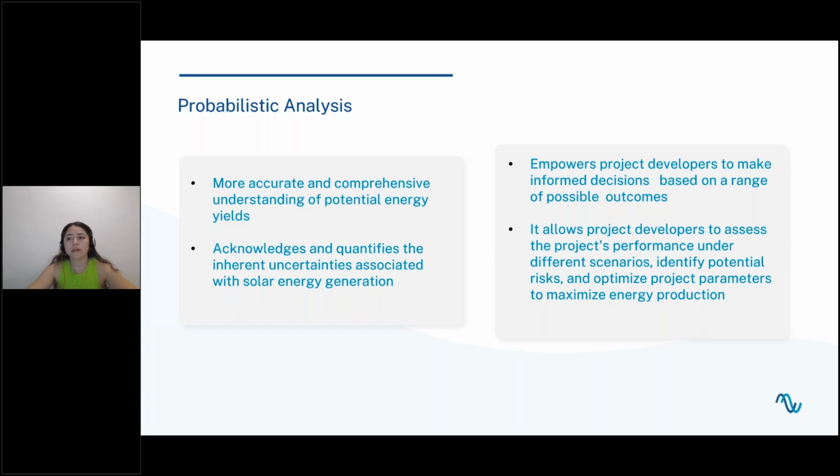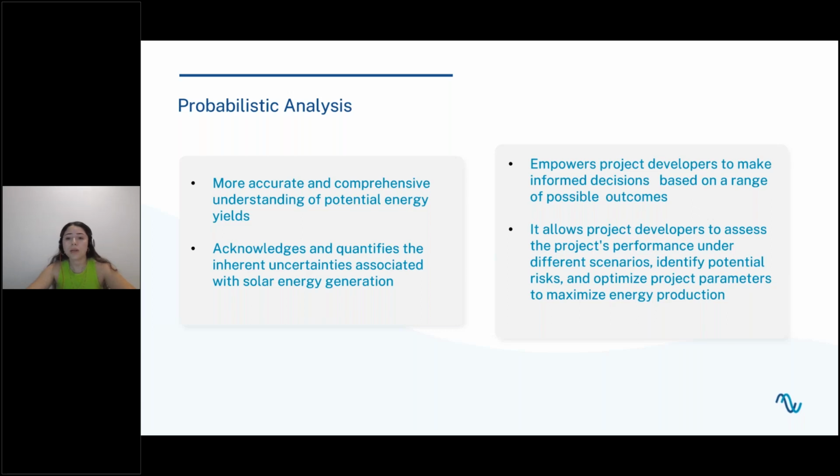Probabilistic analysis allows project developers to assess project performance under different scenarios, identify potential risks, and optimize project parameters to maximize energy production. With pvDesign, participants can explore a wide range of input combinations and generate probabilistic energy yield estimates that accurately represent the project performance in real conditions.